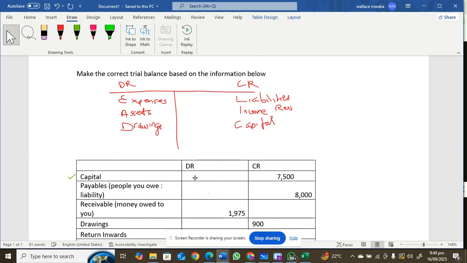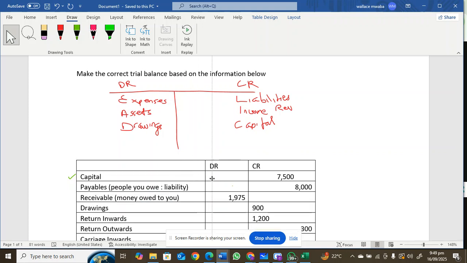Okay. What about drawings? What is drawings? Debit side. What's the definition of drawings? You're correct to say on the debit side, but what's the definition of drawings?